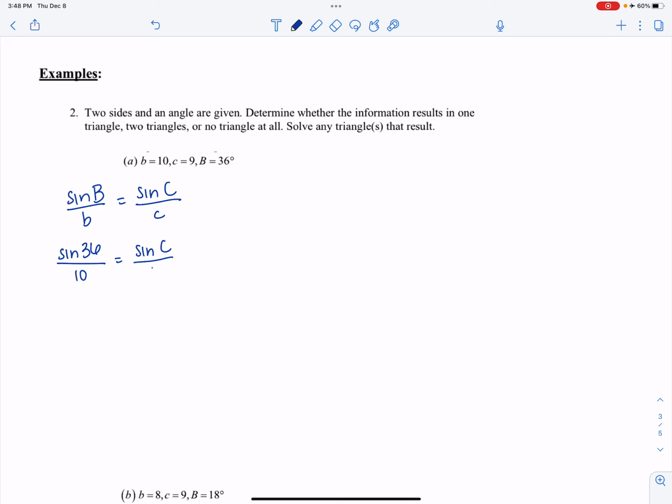We don't know the angle, but we know the side is 9. So using our cross multiplication, sine of C is 9 sine 36 over 10, which is approximately 0.53. Now that's the sine of C. So if we take sine inverse, C is sine inverse of 0.53, which is approximately 32 degrees.